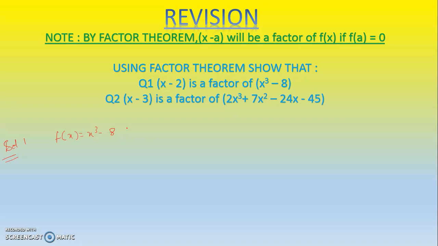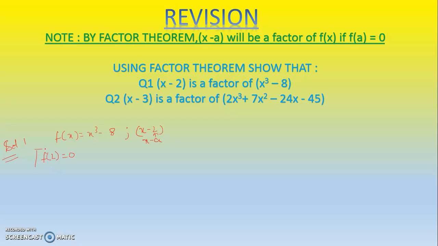And you have to check whether x minus 2 is a factor of this. So you compare x minus 2 and x minus a. What is the value of a? 2.